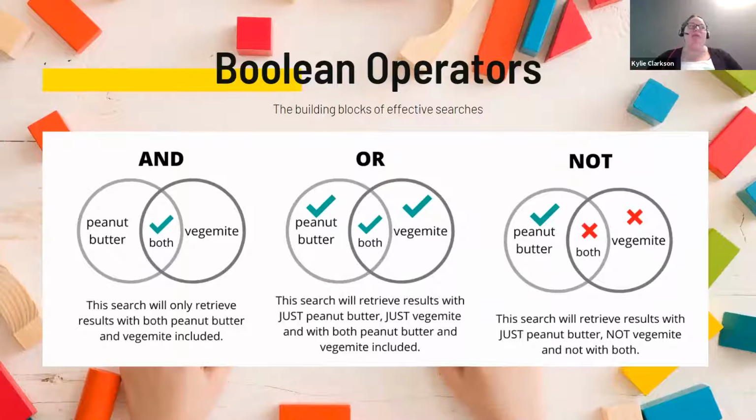So there might be really great literature out there about peanut butter that happens to casually say, oh, and Vegemite's rubbish, so really peanut butter's where it's at. And it's going to get rid of those as well. So I would be very, very, very careful when using not, and to be perfectly honest, there's not a lot of circumstances where it's really that valuable. So pay attention to and or, and use not sparingly. Okay, so hopefully everyone has that in their brain going forward.